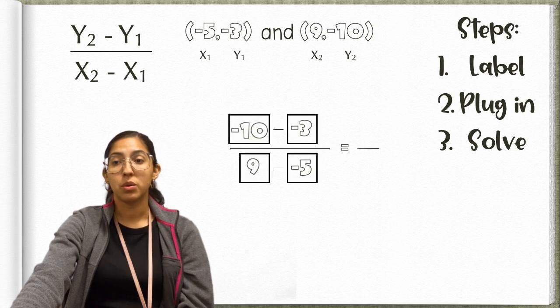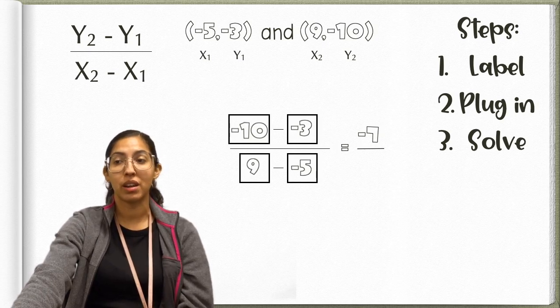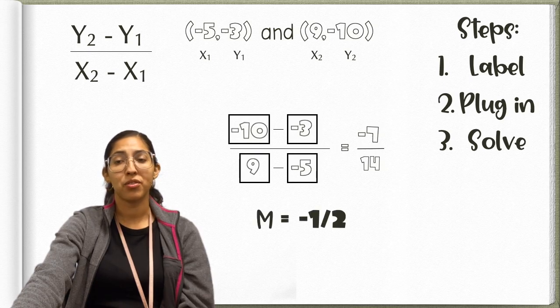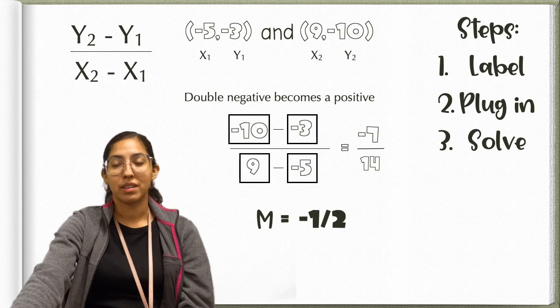So this equals -7 over 14, because -10 minus -3 is going to be -10 plus 3, because a double negative gives us a positive. And then 9 minus -5 is also adding. So 9 plus 5 would be 14. This simplifies down to m equals -1/2. The double negative becomes positive, which is why we added instead of subtracted.